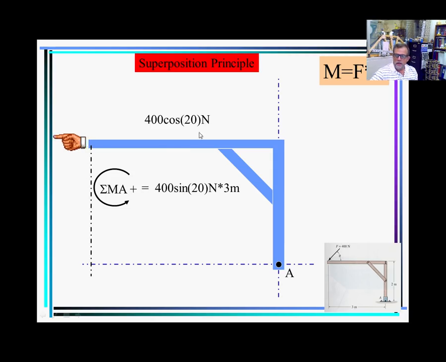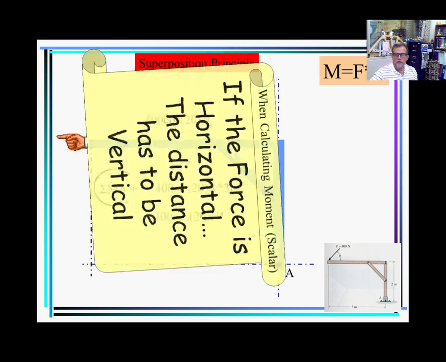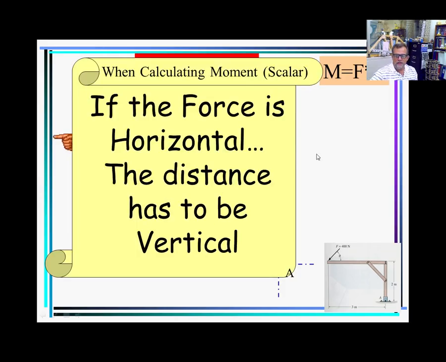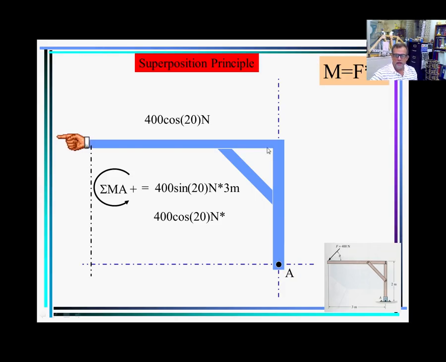So that force is how? Horizontal. If the force is horizontal and this is the value, I need the distance. So if the force is horizontal, how the distance should be? Vertical. Very good. So if the force is horizontal, the distance should be vertical. And the vertical distance between this force and the point A is this.